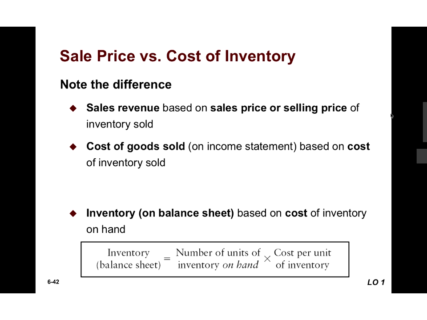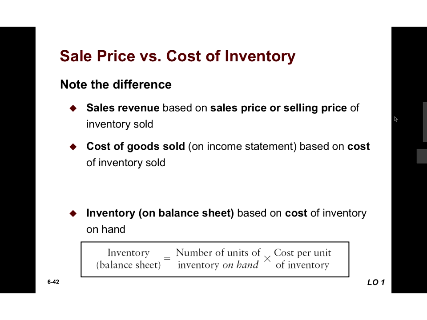Now, cost of goods sold on the income statement is based on the cost, on what it costs us. So that's where we're saying which inventory method do we use. We determine the cost of it. And then inventory on the balance sheet is based on the cost of inventory on hand. So we could kind of go number of units of inventory on hand times the cost of units.